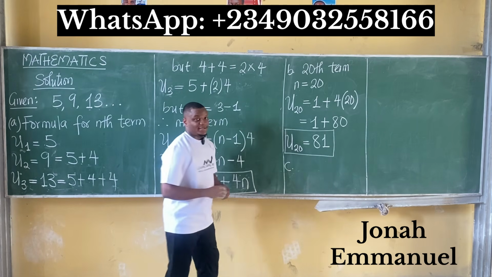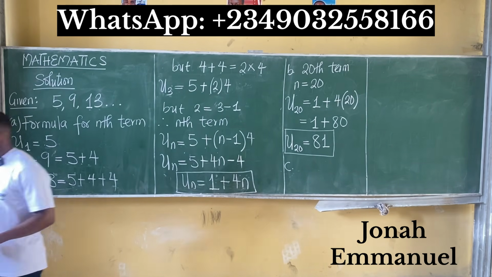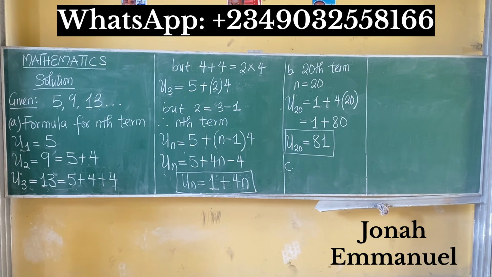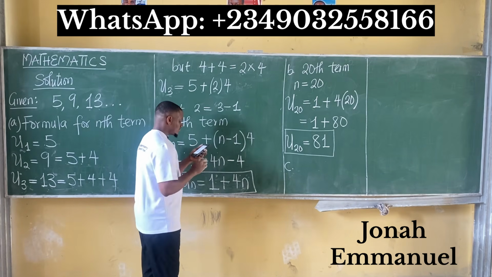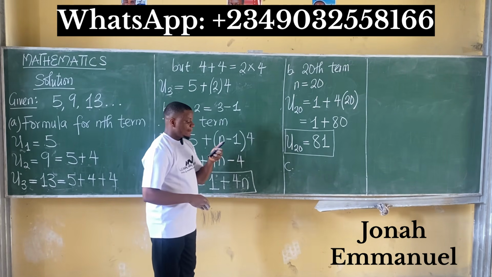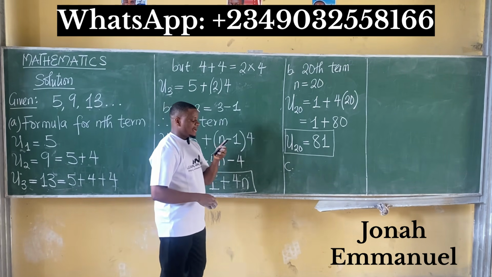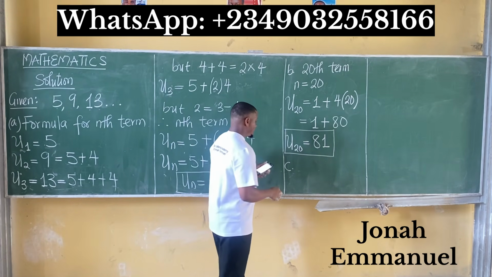Let me check what part C is. Part C says, which terms of the sequence are 73 and 150?